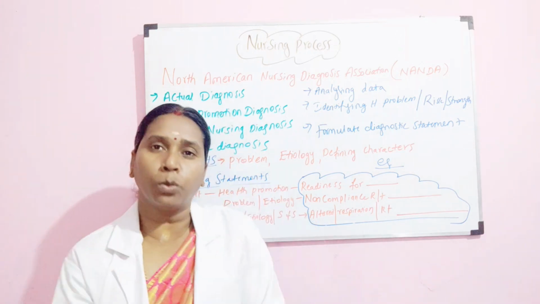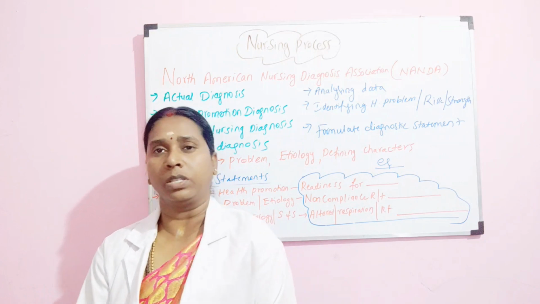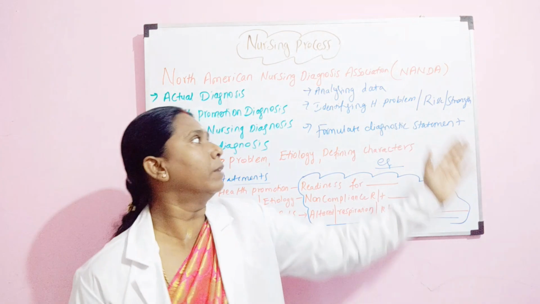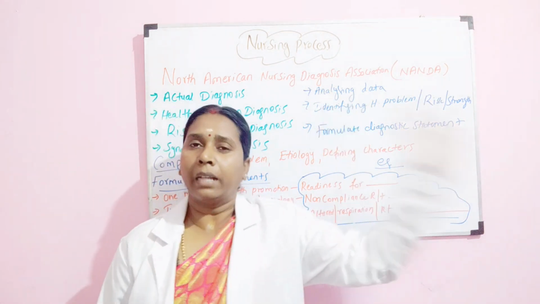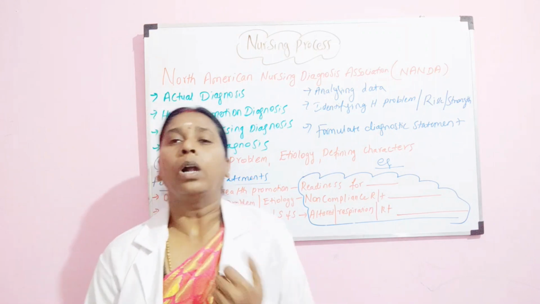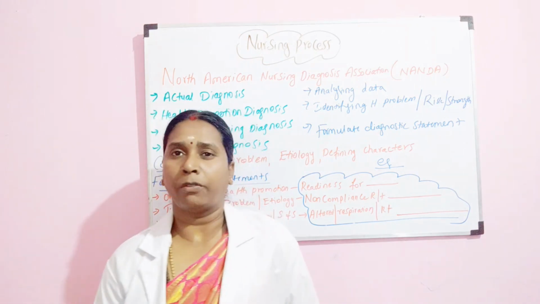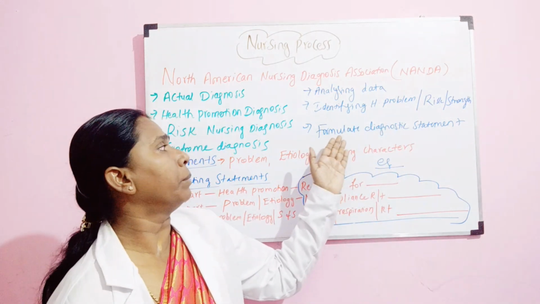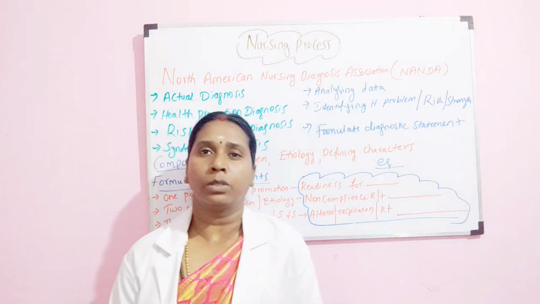So together you want to give a diagnosis for that. Likewise you have to identify the health problem, the risk factors and the strength of the patient, how he can manage the condition, what type of diagnosis you have to formulate, that you have to do in the second area.